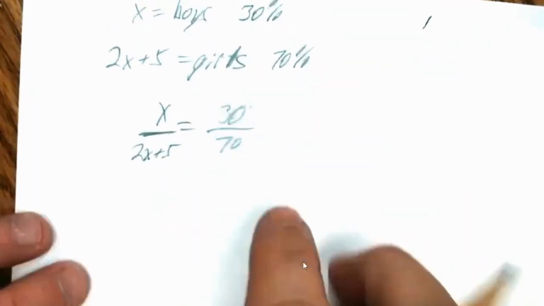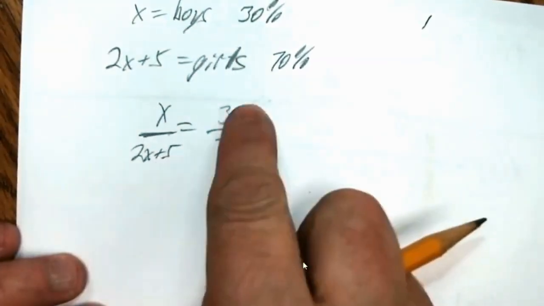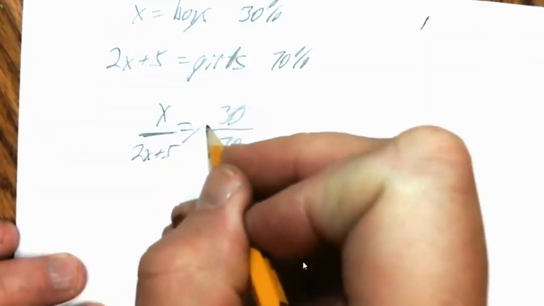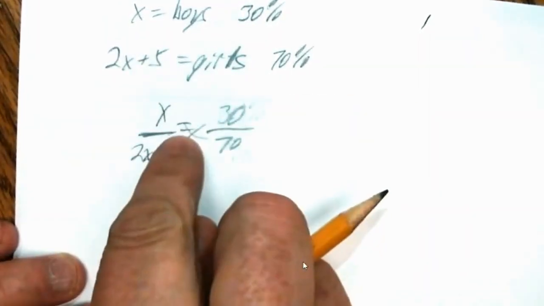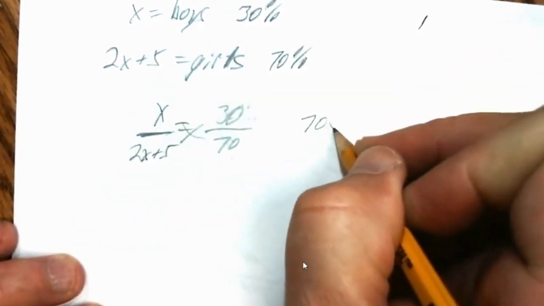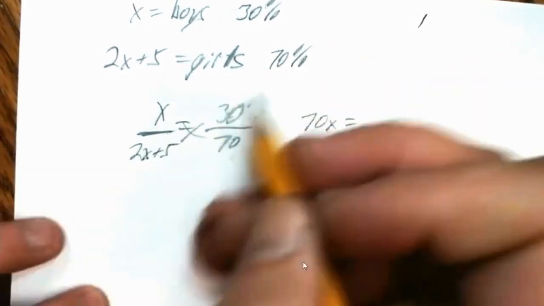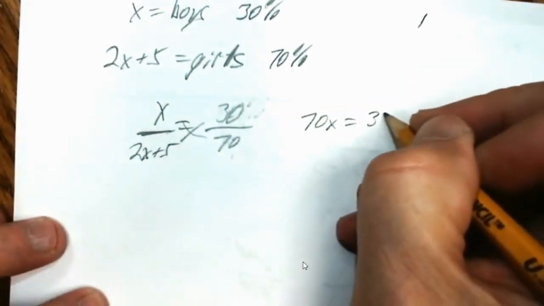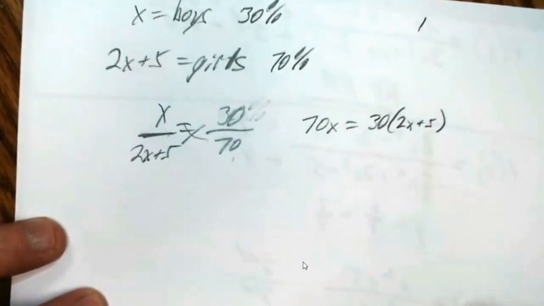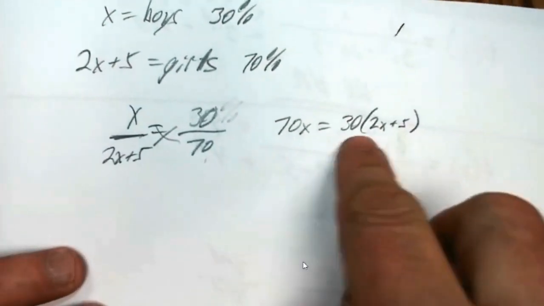Then it wants us to solve that. Well, we can cross multiply. Since they're equal to each other, it only works when they're equal to each other. So 70x equals 30 times 2x plus 5. All right, and we can simplify that.